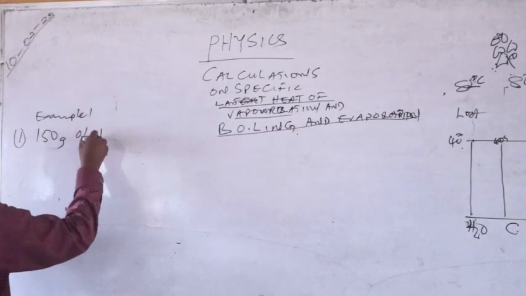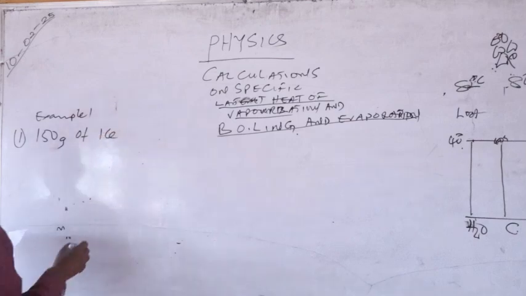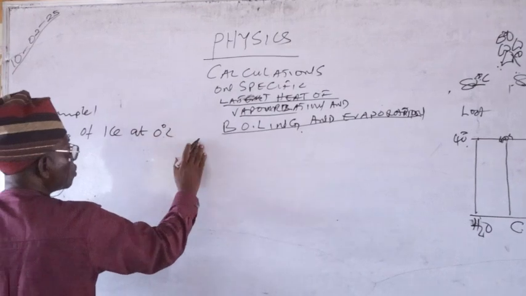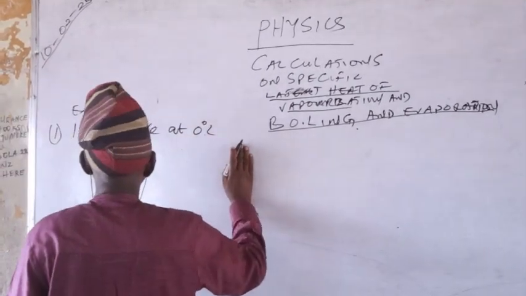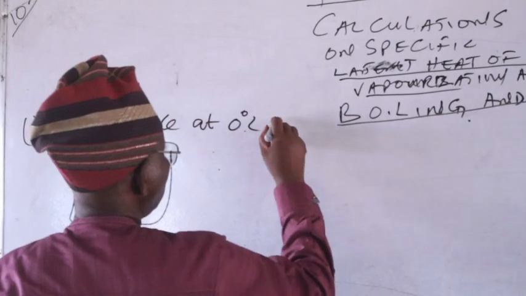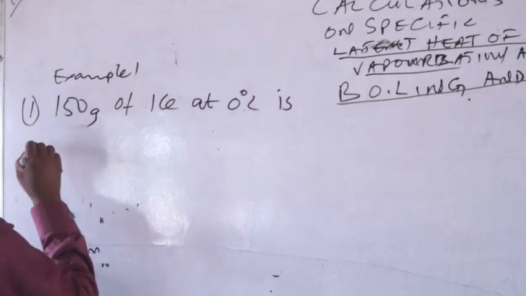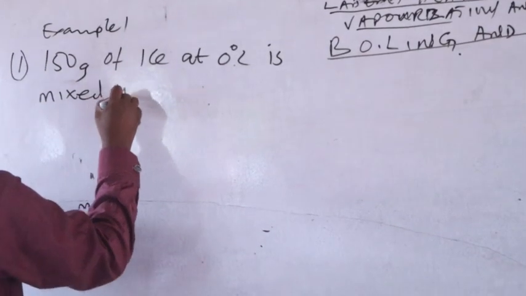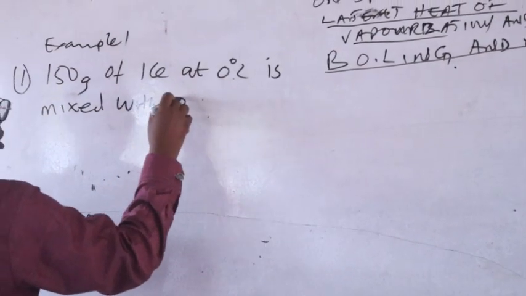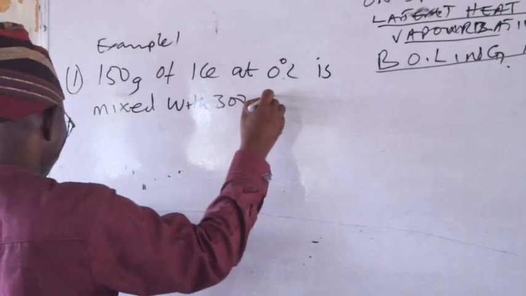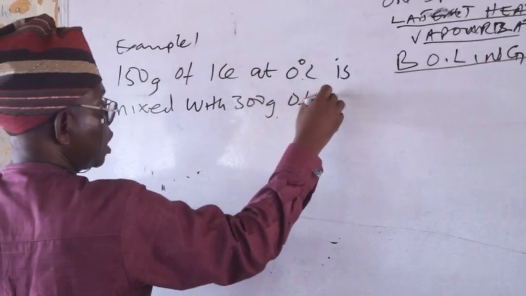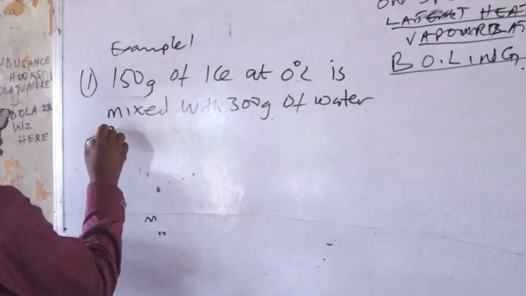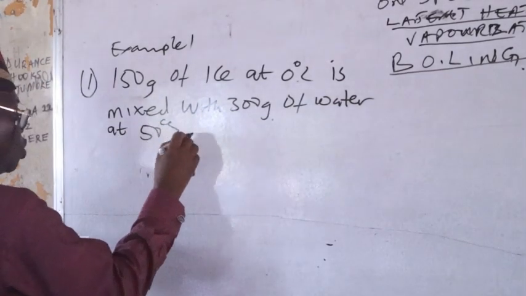150 grams of ice at 0 degrees Celsius is mixed with 300 grams of water at 50 degrees Celsius.